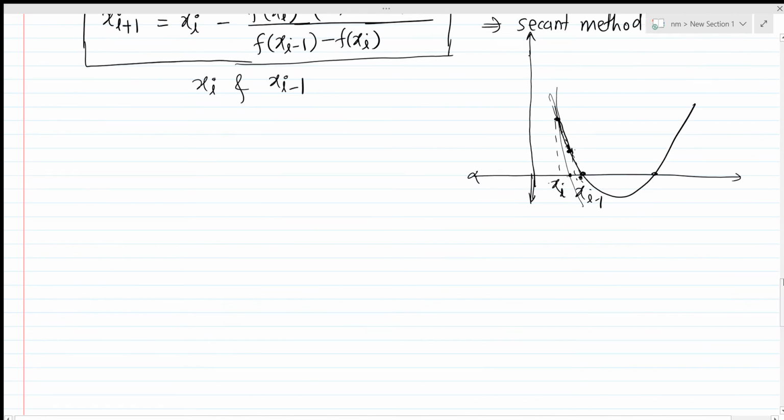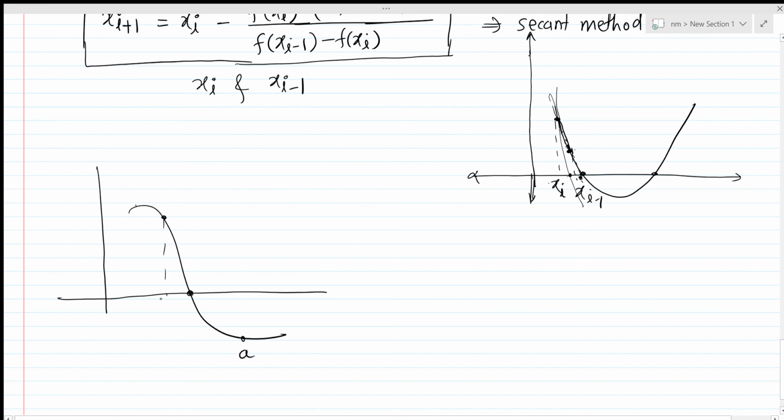There are some similarities between the false position method and the secant method, in that both methods require two initial guesses, but they are different. In the false position method, the root always lies between a and b.